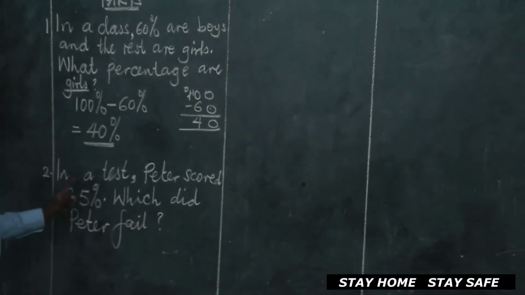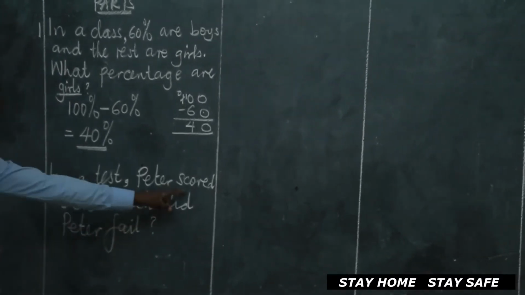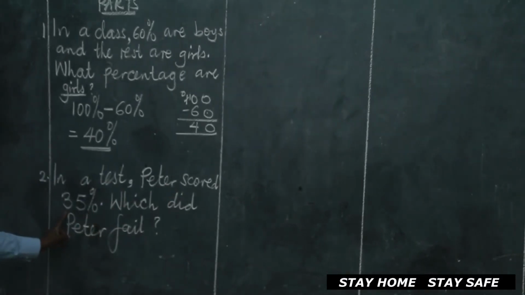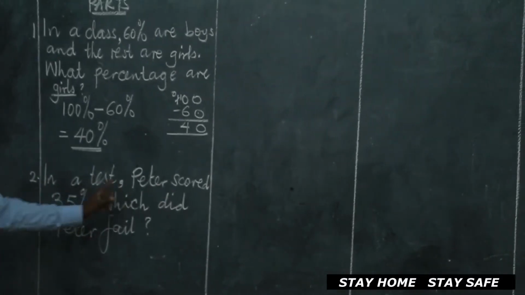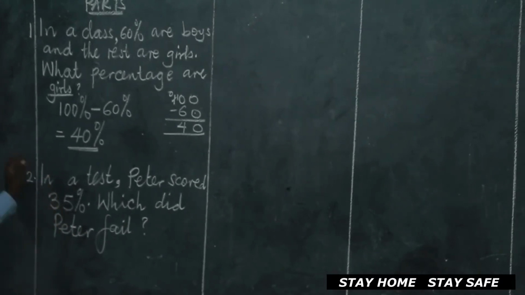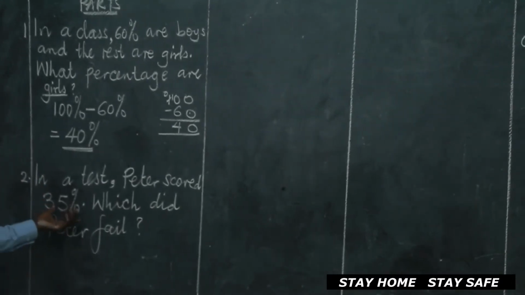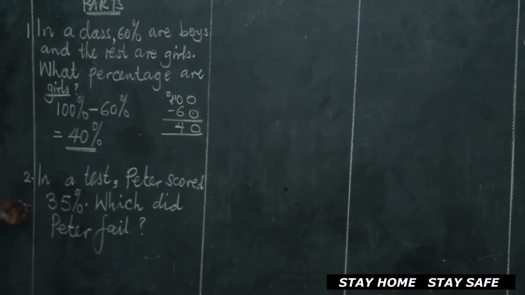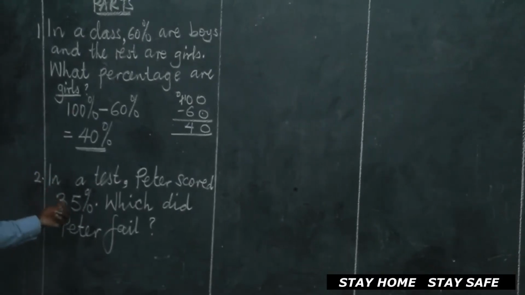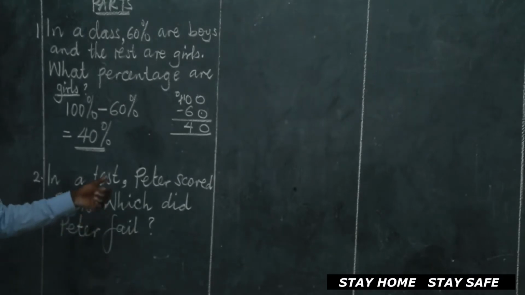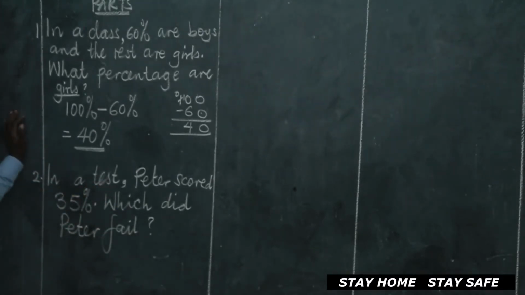Okay? In a test, Peter scored 35%. We have always written these percentages on your examination papers. So if Peter scored 35%, which percentage did he fail?